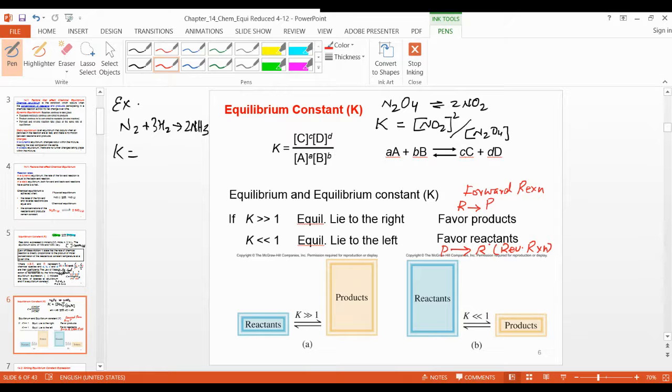This is the condition only when K is less than 1. So look here. If K is greater than 1, more product is formed, so reactant will be less. All reactant changes to product. When K is less than 1, all product changes to reactant. More reactants are formed, so this is the reverse reaction. This is the forward reaction.